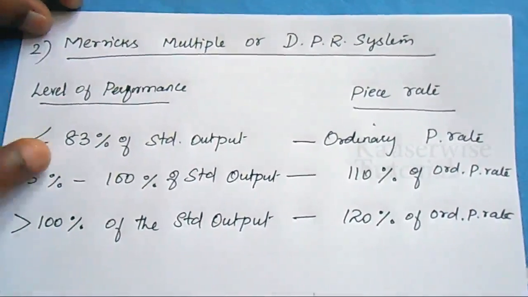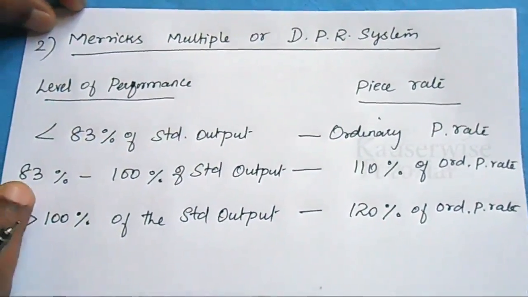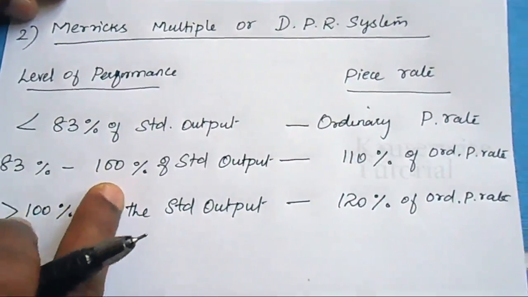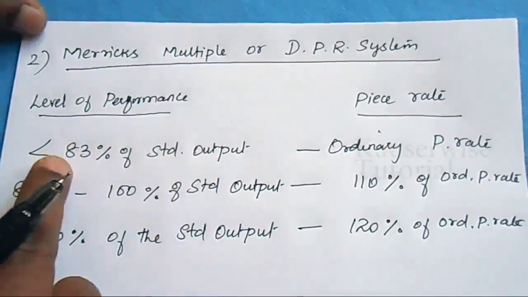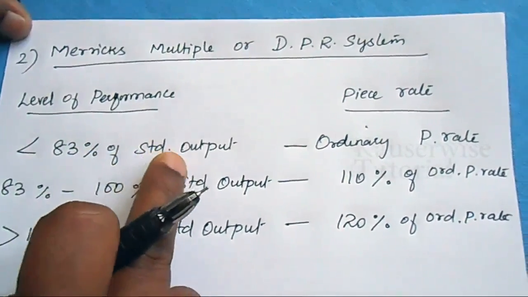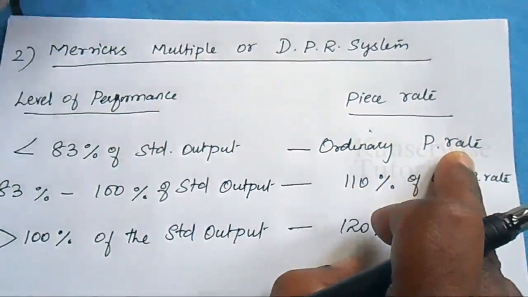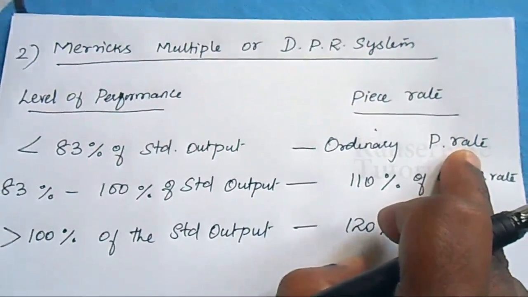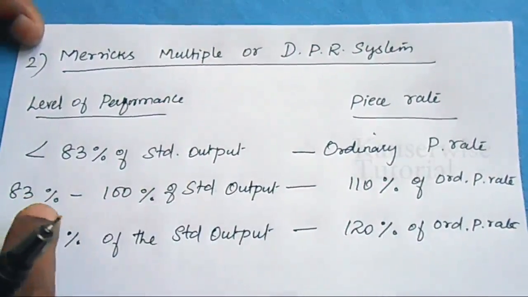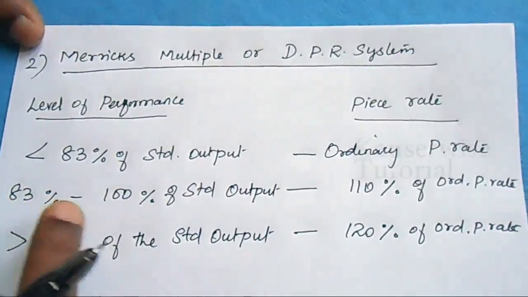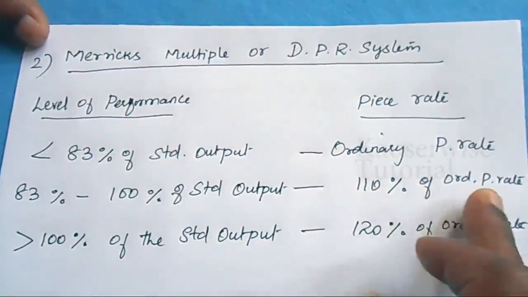After finding the level of performance, we can easily categorize the employee into three different categories. The first one is less than 83% of standard output, the second category is 83 to 100%, and the last one is above 100%. If the employee's performance is below 83% of standard output, he will be getting ordinary piece rate. Ordinary piece rate means the fixed piece rate. If the level of performance is 83 to 100%, he will be getting 110% of ordinary piece rate.